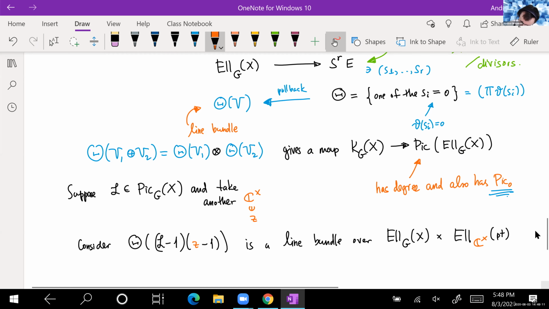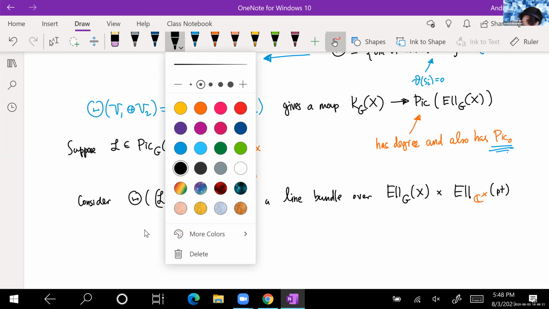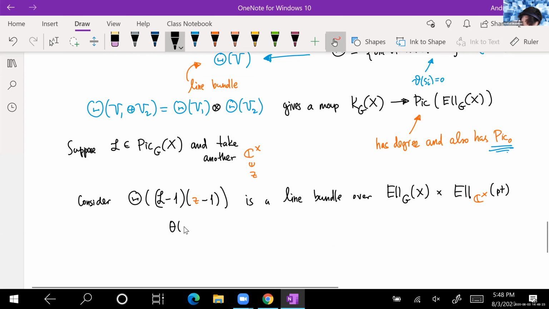In conventional terms, a section of that has Chern root S, let's call it S. It would have a section like theta of S times Z over theta of S times theta of Z. And so in fact this looks like a section of the Poincare line bundle.